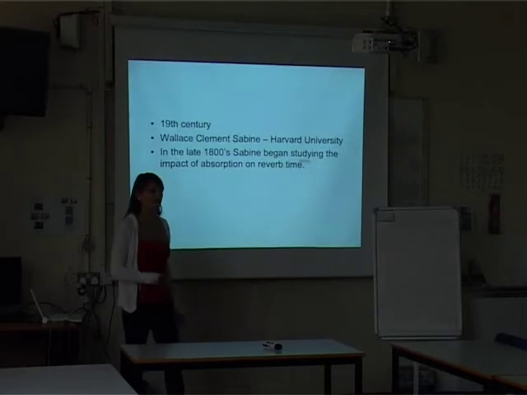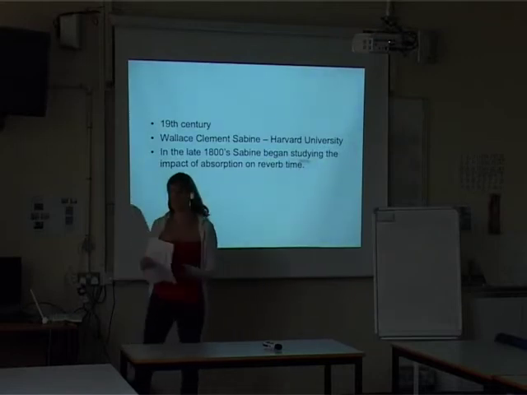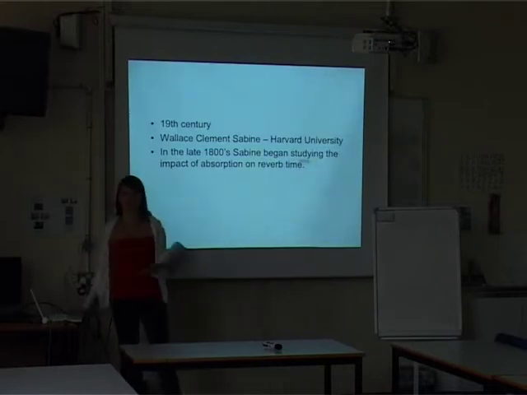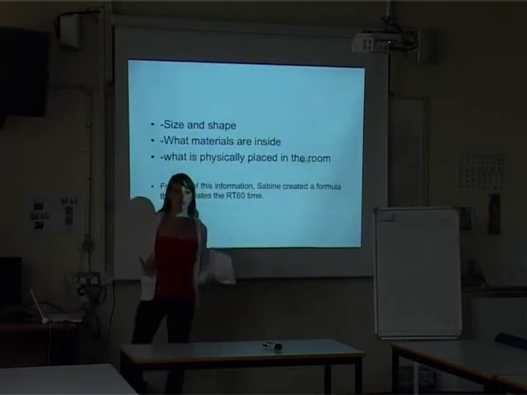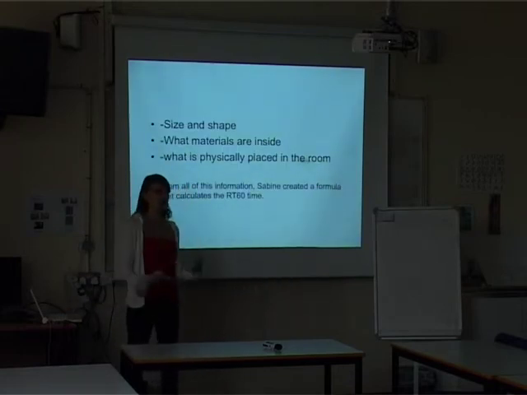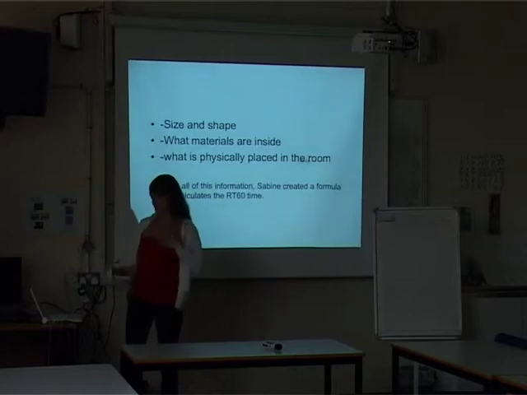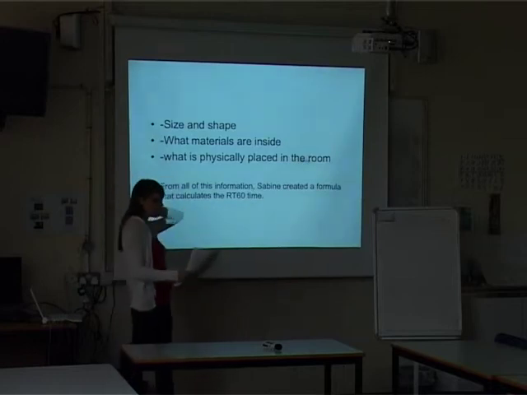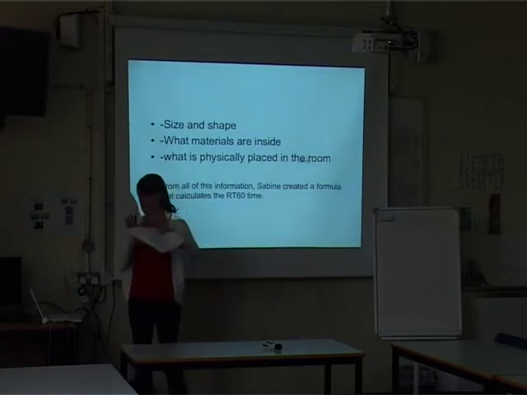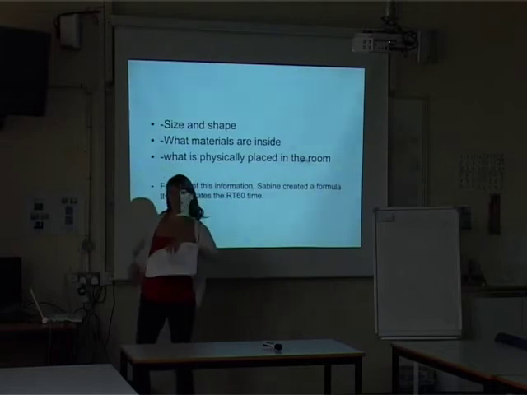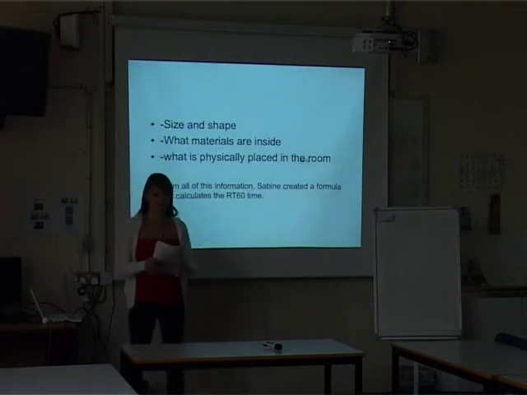From his calculations, he worked out some basic room factors which affect reverb time: the size and the shape of the room, what materials are in it, and what is physically placed in the room. From all these things, he came up with how to calculate the RT60 time.